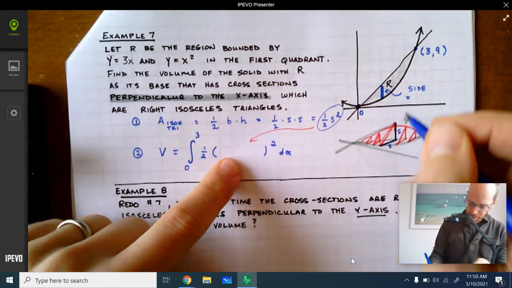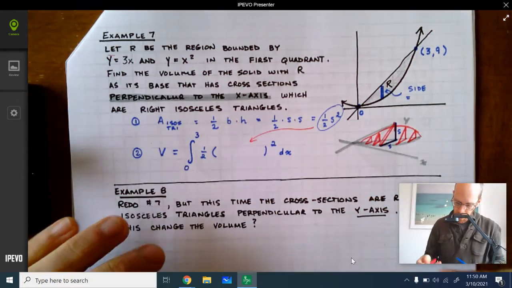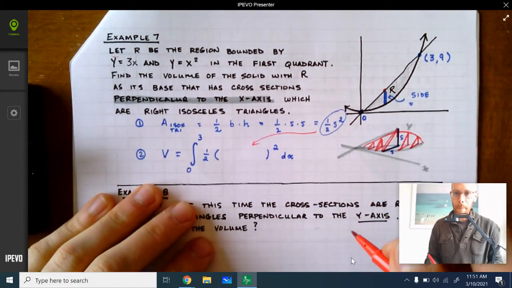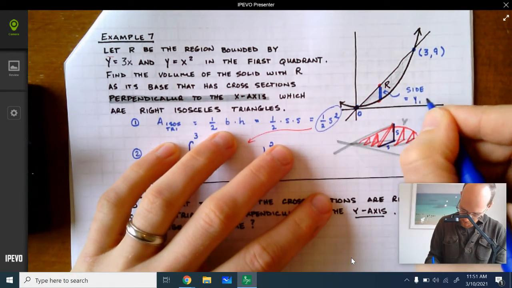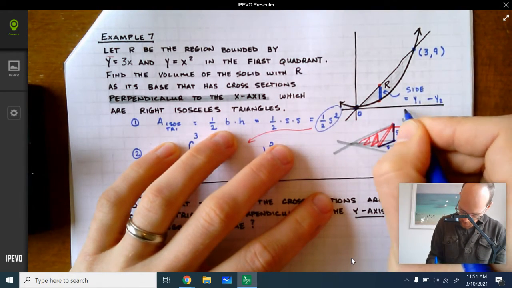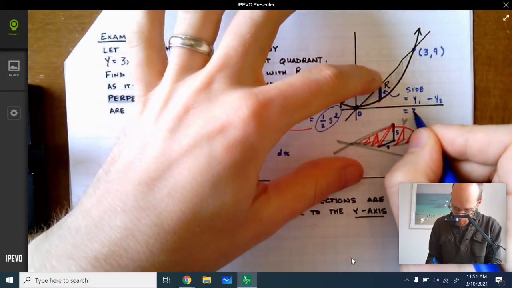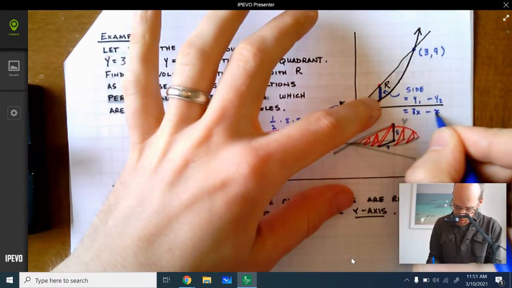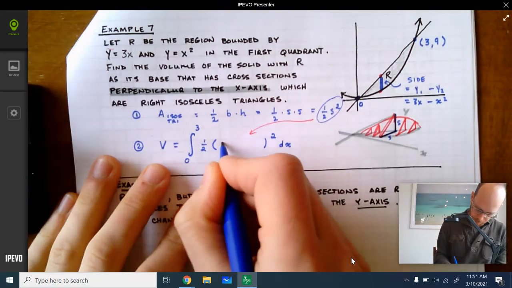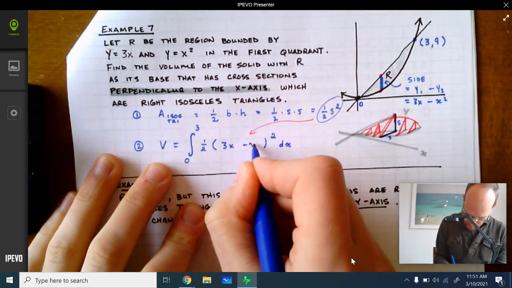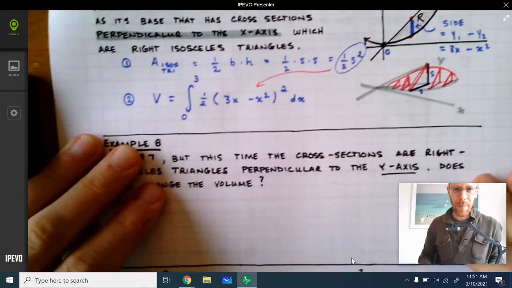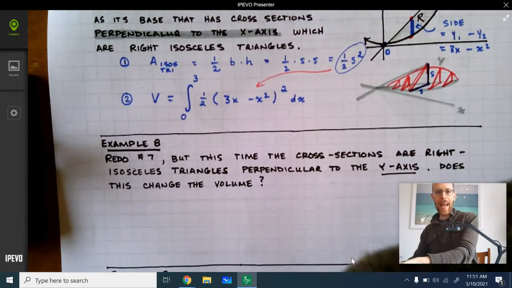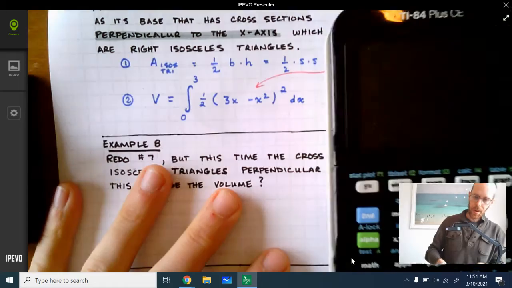And the side lengths will be y1 minus y2, which is 3x minus x squared. Now this one can be done by hand, but it is an absolute horror show, let me tell you.